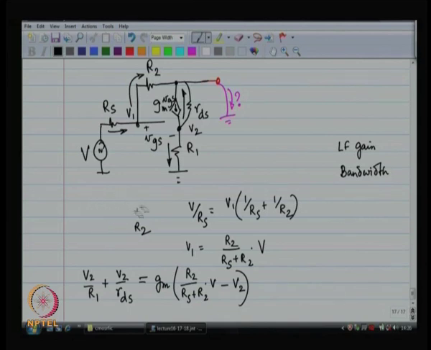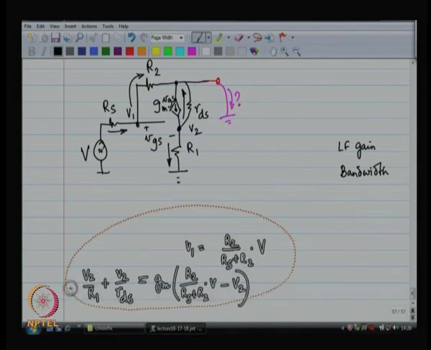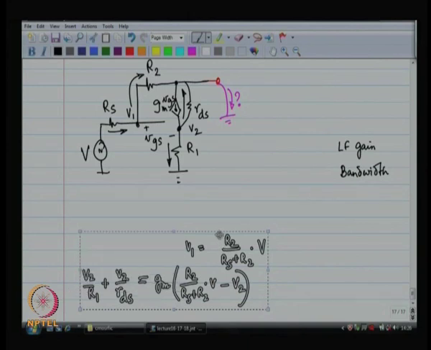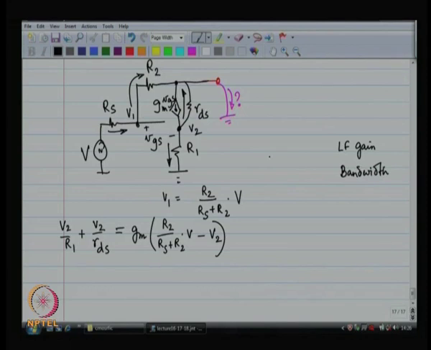Fine. So, basically you collect all the terms with V2. When you collect all the terms with V2, this is what you get.